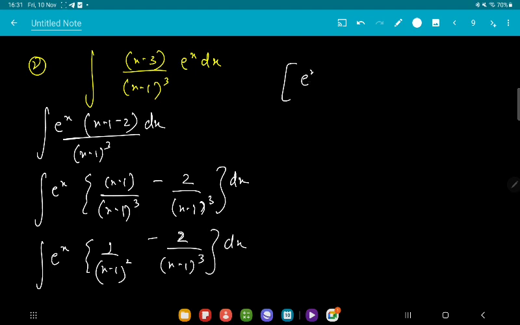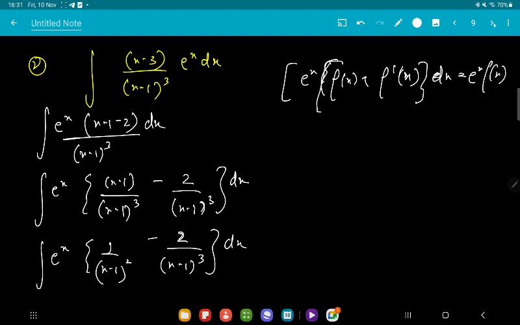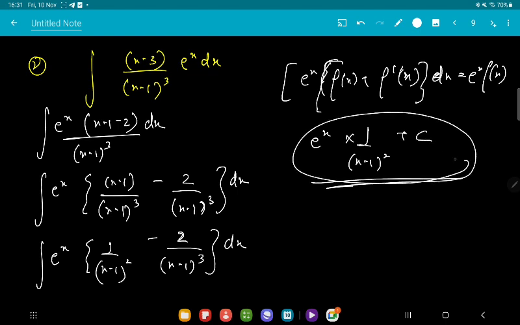Now I will apply this formula, integral of e to the power x times f of x plus f dash of x dx is equal to e to the power x f of x. So my crystal clear answer here would be e to the power x over x minus 1 whole square plus c. This would be my final answer. Okay.